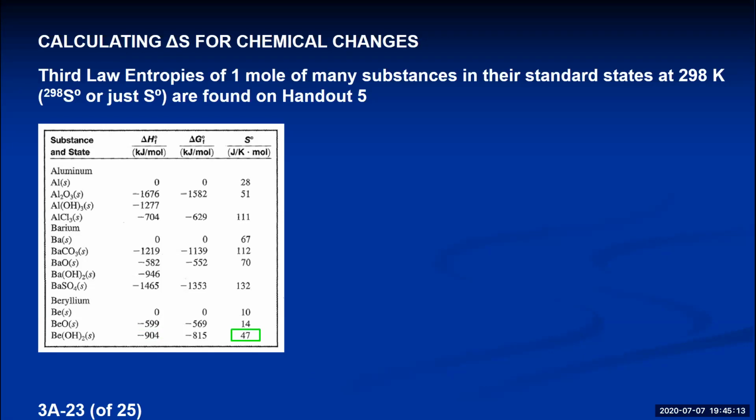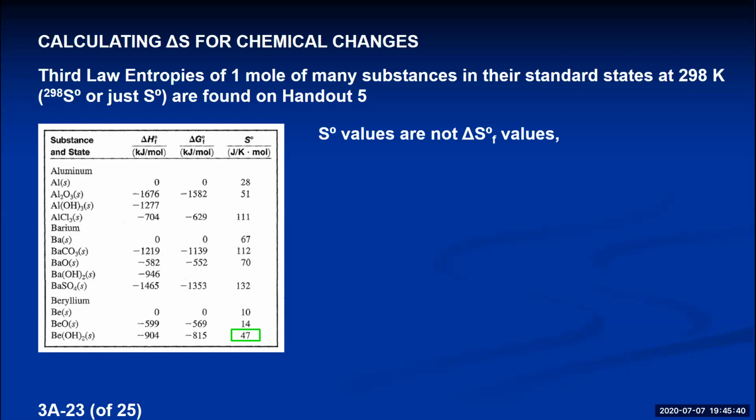This 47, is this the entropy change when beryllium and oxygen and hydrogen form beryllium hydroxide? And the answer is no, because the symbol at the top of that column is not delta S, not sub F. It's not the entropy change of a formation reaction. It's the absolute entropy of 1 mole of beryllium hydroxide calculated from the Boltzmann equation.